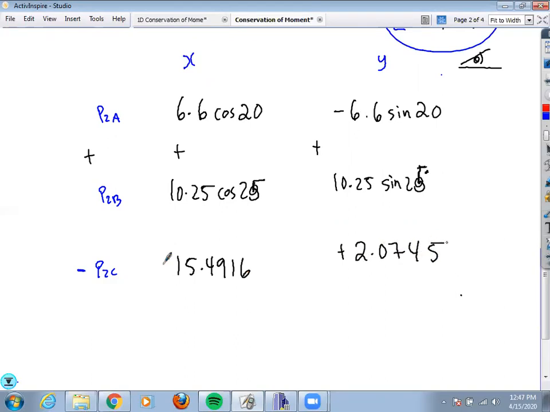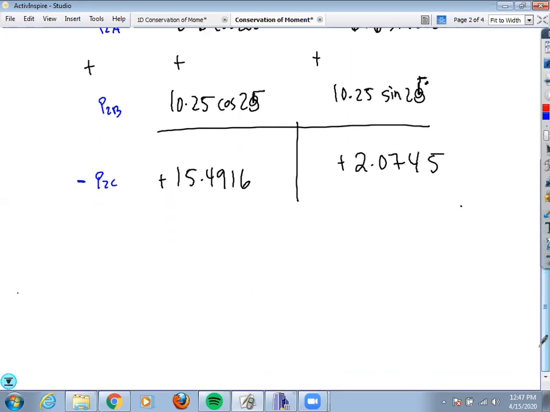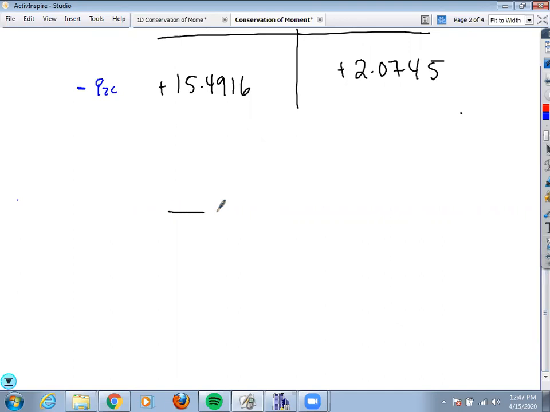And we've got positive 15.4916, which means the P2C right now from our sum, it's going east and it's going north. Okay, so we'll draw a triangle. It's going x and y, east, north, theta, and then there's P2C. Notice I'm not putting the negative because we want to find the negative. We'll do that after.